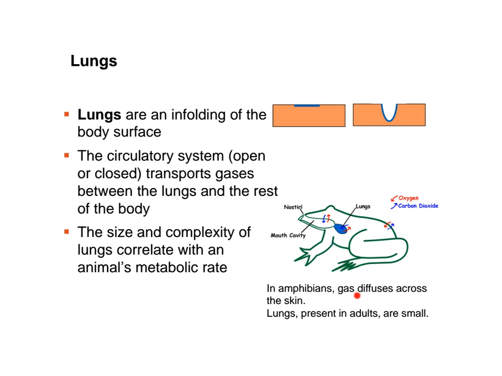For example, in amphibians, a lot of gas exchange can occur across their moist skin. A frog has very moist skin, so oxygen can diffuse in and carbon dioxide can diffuse out directly through the skin. They also have moist mucous membranes within the mouth that allow for gas exchange. And finally, frogs have a relatively simple lung.